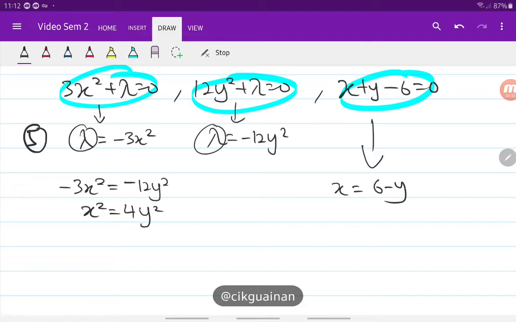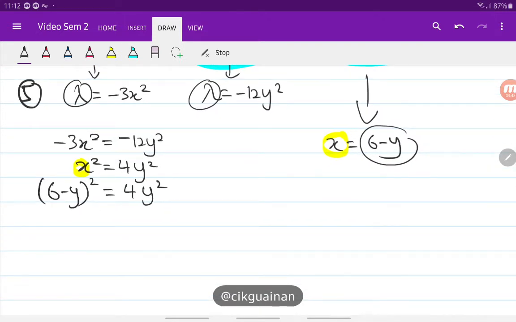Now we can substitute this x. We bring this 6 minus y, substitute inside the square, and it equals 4y squared. Now expand: 36 minus 12y plus y squared equals 4y squared.